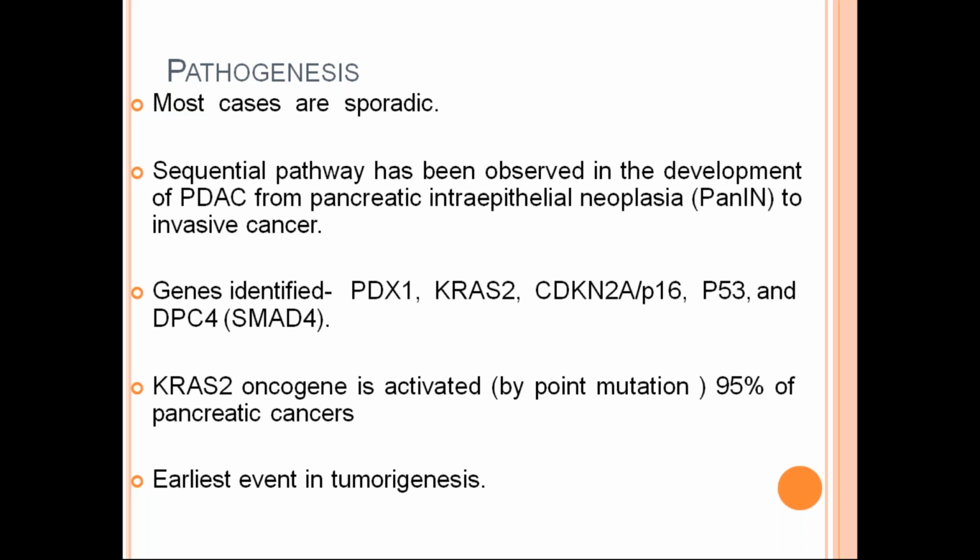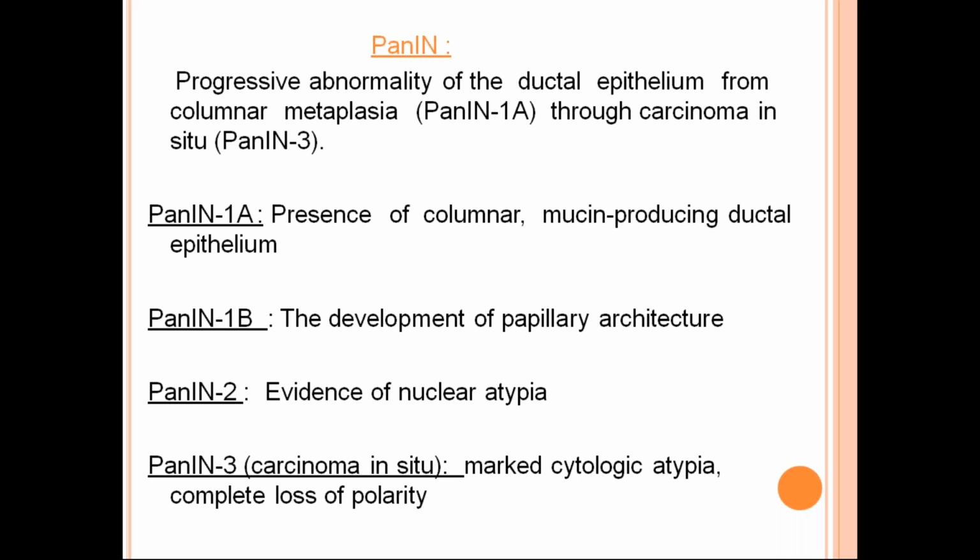In these genes, KRAS2 will first be activated by point mutation, and this is the most common cause of pancreatic cancers. So the earliest event in tumorigenesis is activation of KRAS2 by point mutation. Later, progressive abnormality of the ductal epithelium from columnar metaplasia to carcinoma in situ occurs.